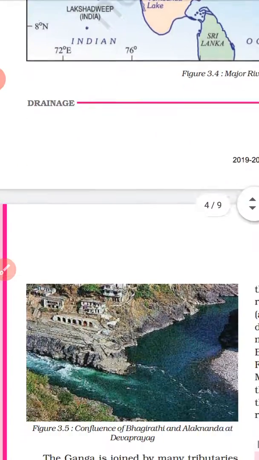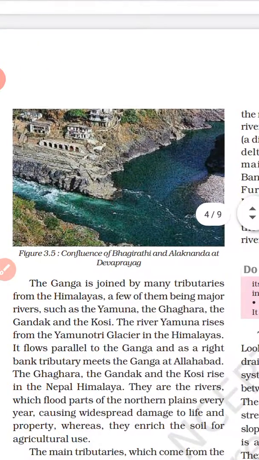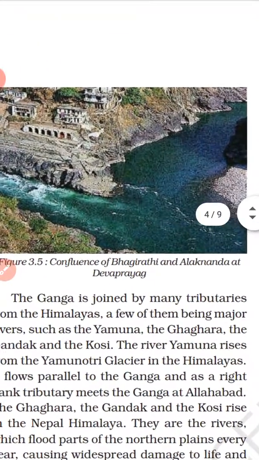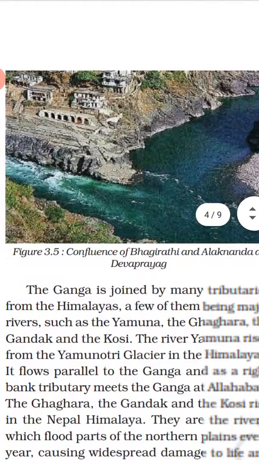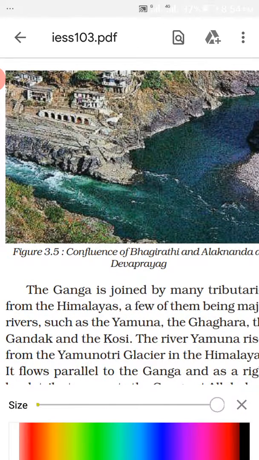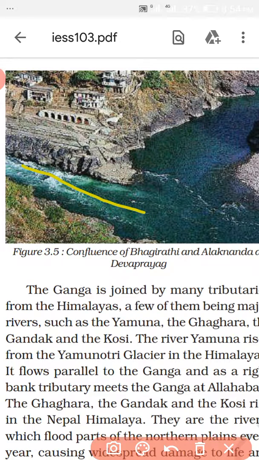Now you have to see the picture of Devprayag. Here the river Alaknanda and the river Bhagirathi both join, and after that it is known as the river Ganga.